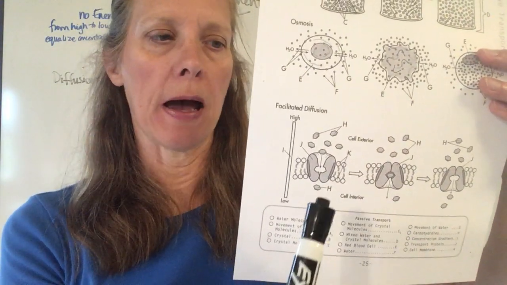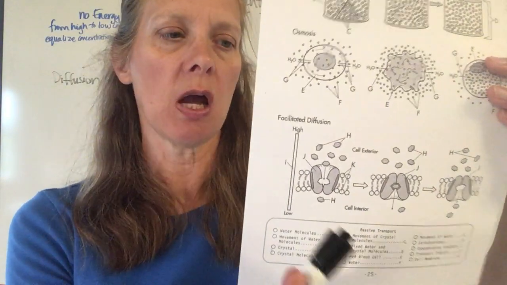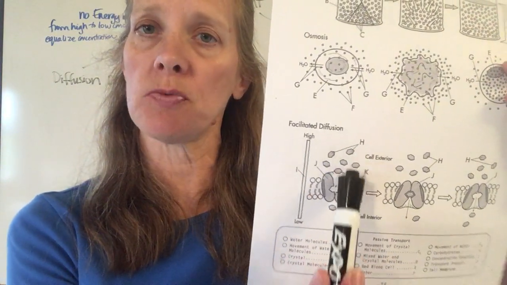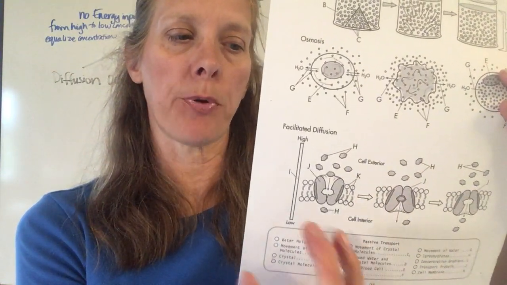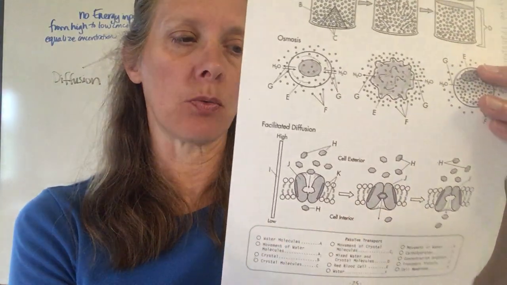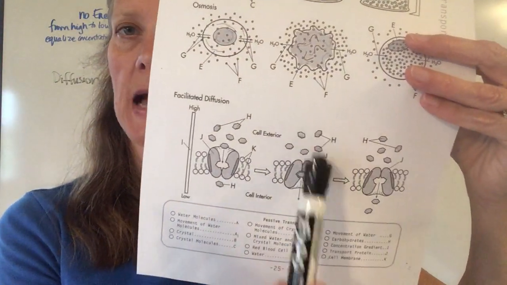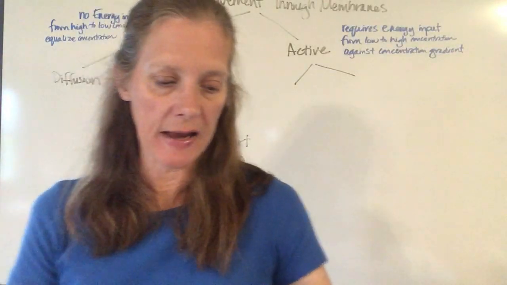Again, it's by the effects of concentration. As these molecules are randomly moving outside here, one of them will randomly go in here. The protein then will deform so that it closes on one side and opens on the other side, and then releases that molecule inside of the cell.